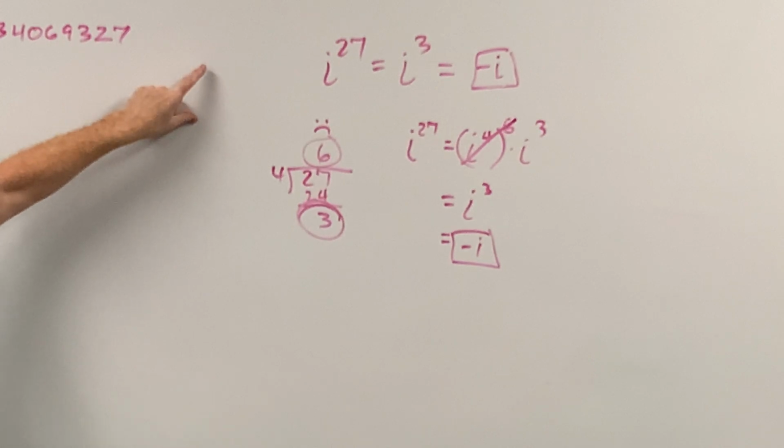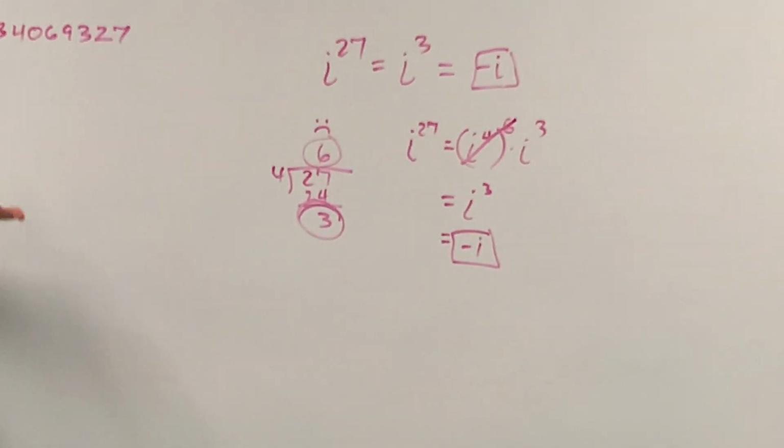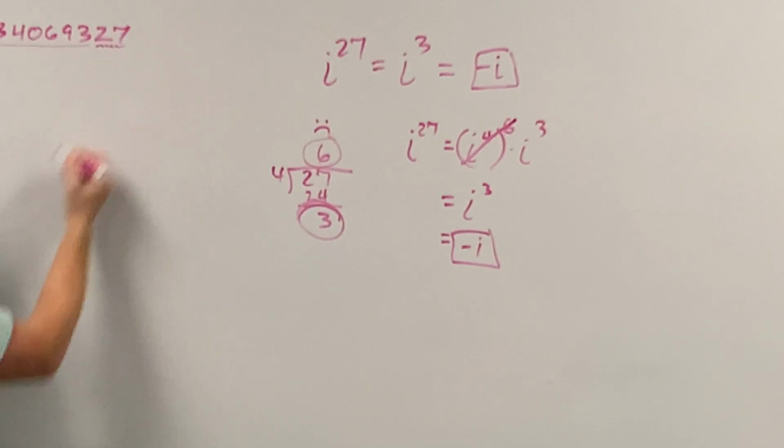One, because it's really hard and annoying. And another reason is 4 goes in evenly to 100. 4 goes in evenly to 1,000. So 4 is going to go in evenly, I know, to all of this part. The only part I'm concerned about is the 27.